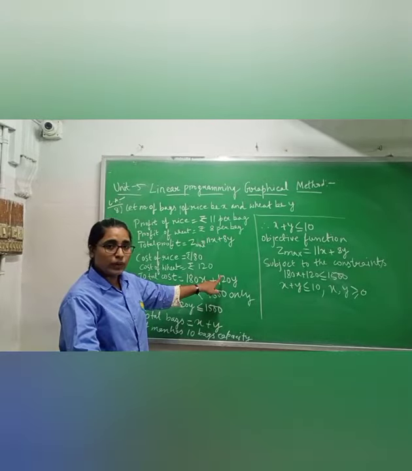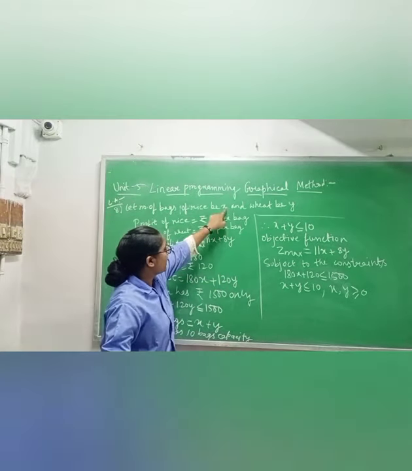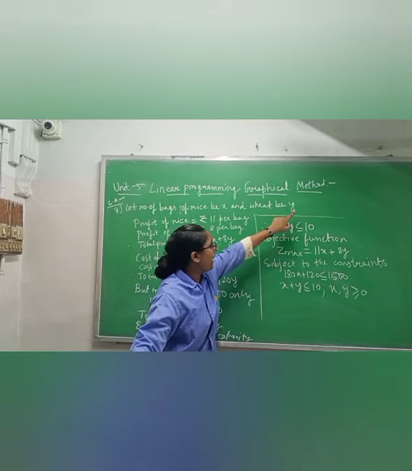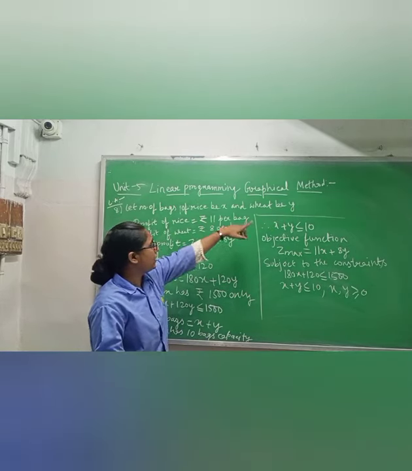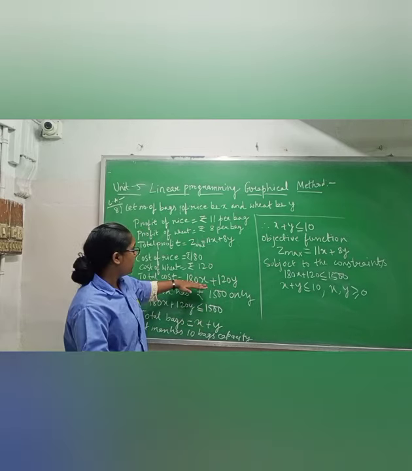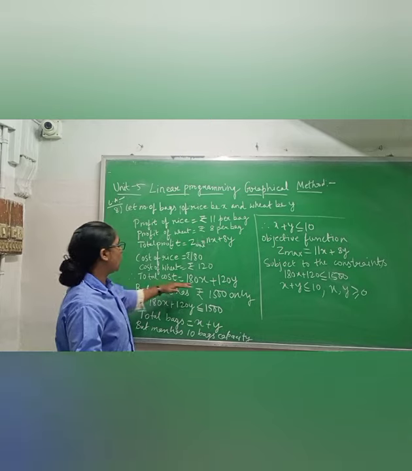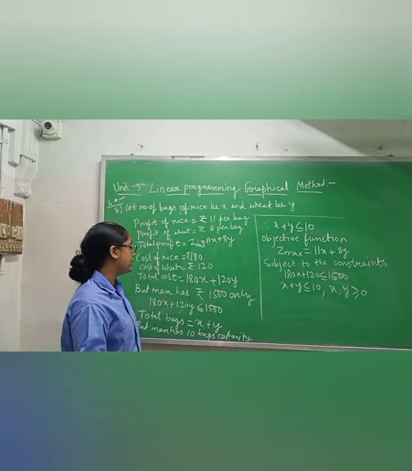Now the cost of rice is rupees 180 and the cost of wheat is rupees 120. If I have x bags, it means 180 into x, 180x. And if I have y bags of wheat, it means 120 into y, 120y. So I got the total cost 180x plus 120y.